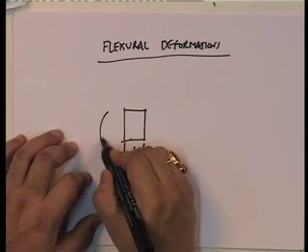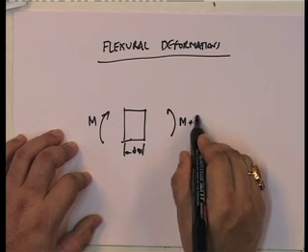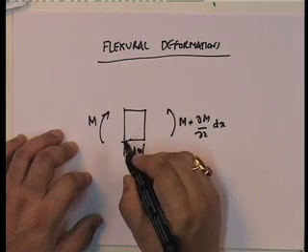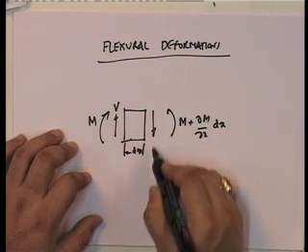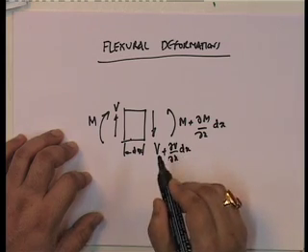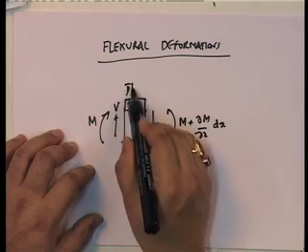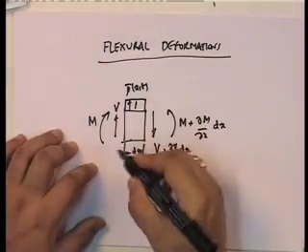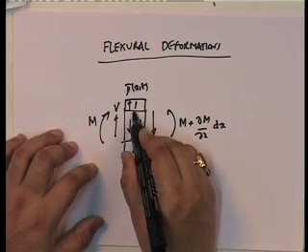I have m plus del m by del x dx. Then I have v, and then v plus del v by del x dx. Then I have load p bar x of t, and on top of that, since this is moving up in this direction, I also have f I.